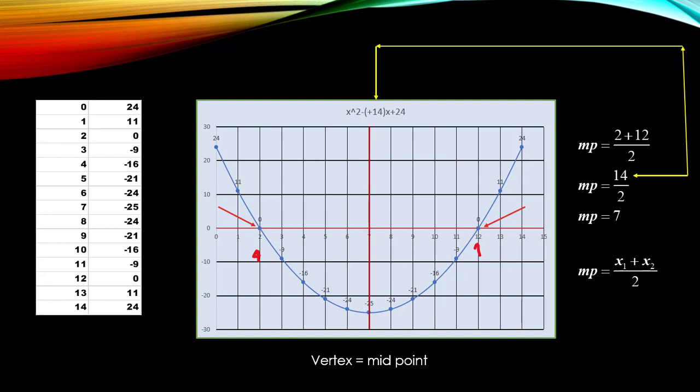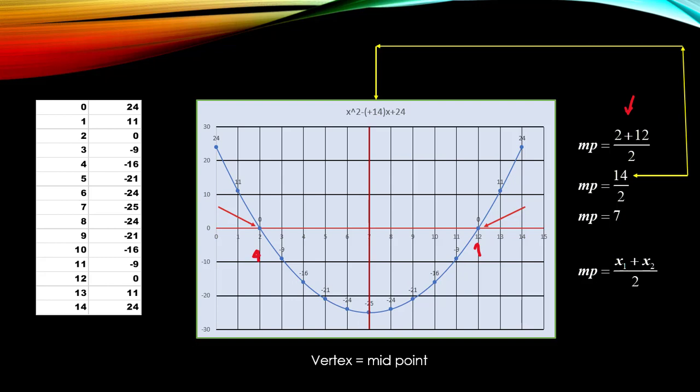You simply take the end points. In this case, pardon me, we have 2 and 12. We add those together. We average those, and we're going to get 7.